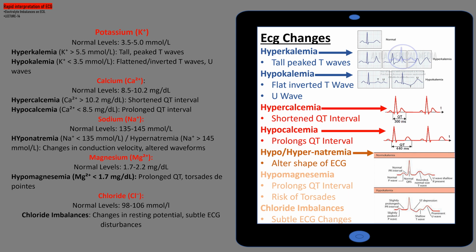Hypomagnesemia, magnesium less than 1.7 milligrams per deciliter, can cause a prolonged QT interval and increase the risk of torsades de pointes. Chloride imbalances can affect the resting potential and cause subtle ECG changes, though they are less pronounced than the effects of the other ions.